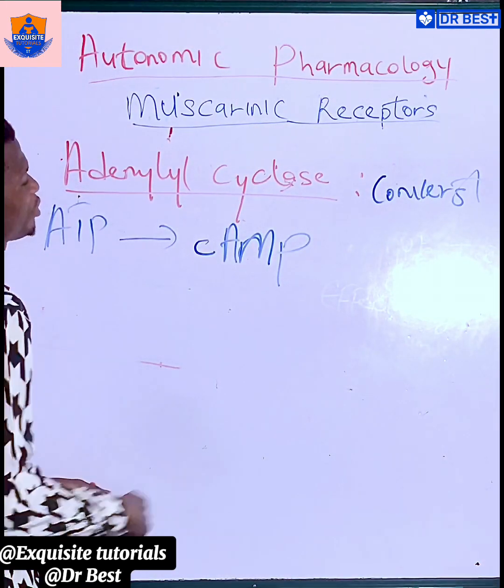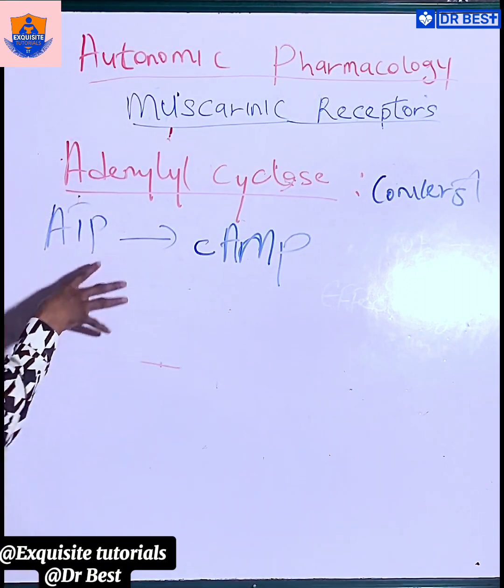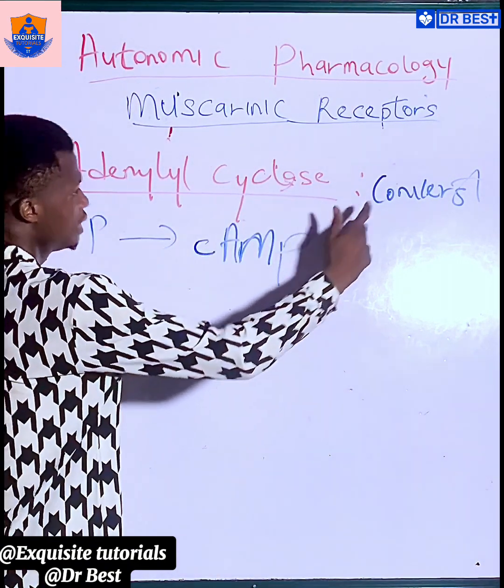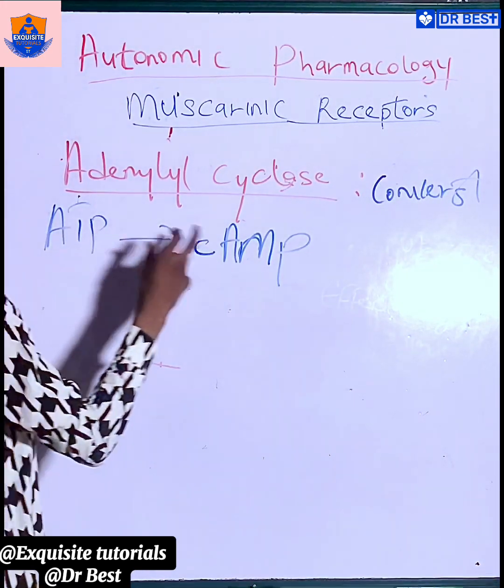Remember that cyclic AMP is the second messenger, just like the other one. Inositol triphosphate is the second messenger. So adenylyl cyclase is an enzyme that converts ATP, adenosine triphosphate, to cyclic AMP.